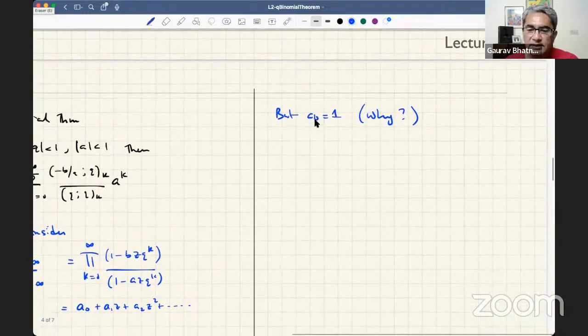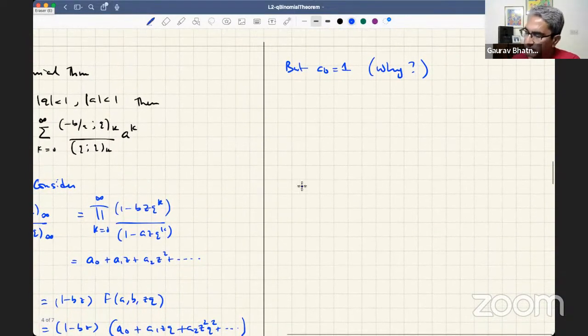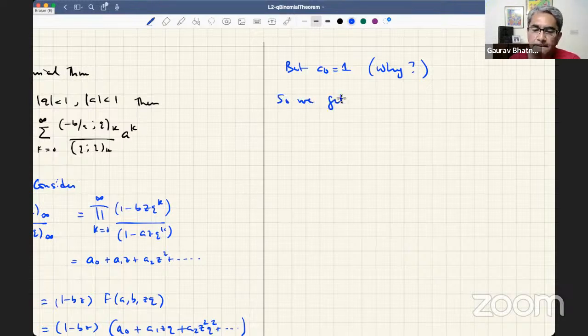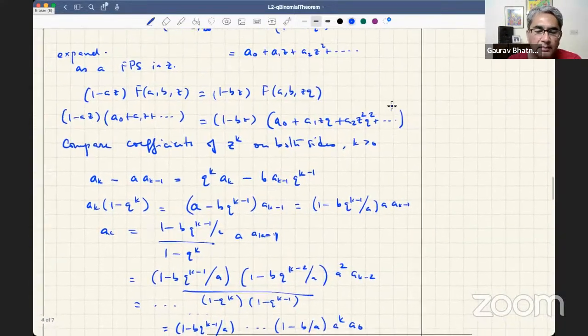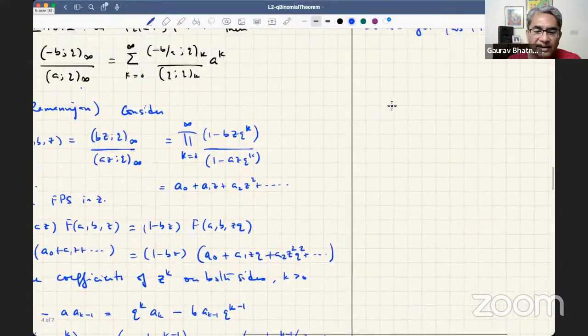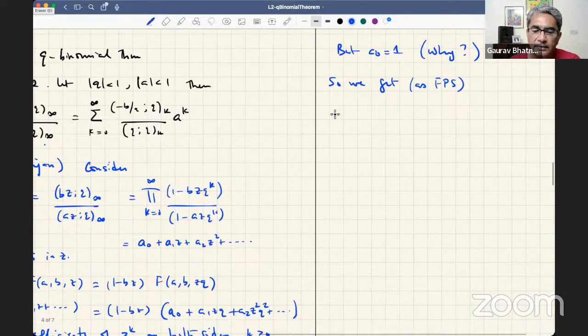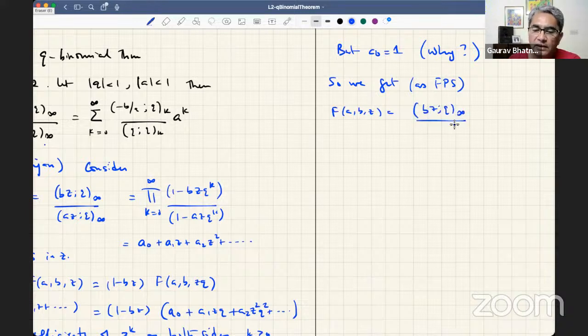So ultimately, as formal power series, we get F(A, B, Z), which was (BZ; Q)∞ over (AZ; Q)∞.